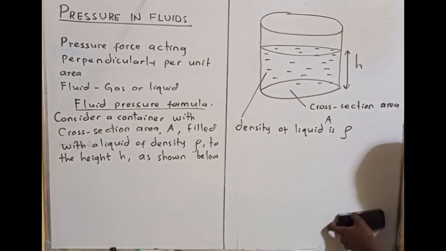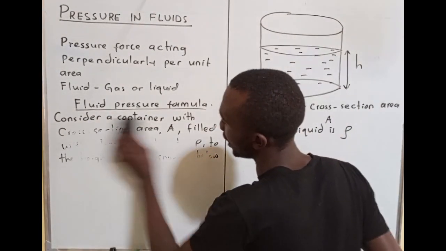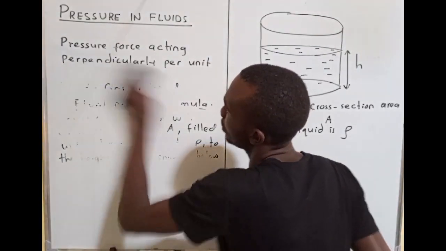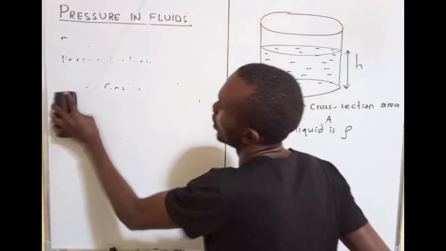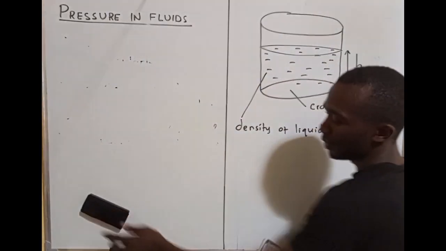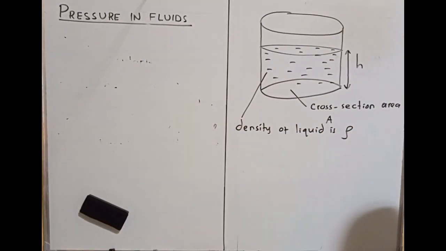Now, from the diagram above, we can derive the fluid pressure formula. The fluid pressure formula is derived as follows.